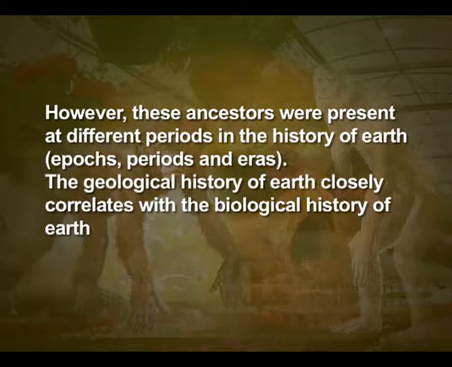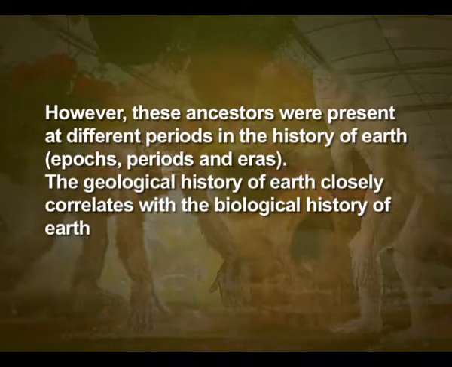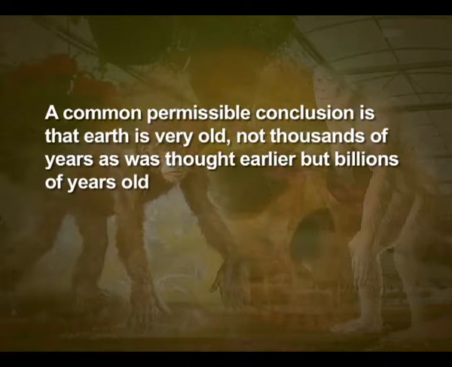However, these ancestors were present at different periods in the history of earth, means in different epochs, periods and eras. The geological history of earth closely correlates with the biological history of earth. A common permissible conclusion is that earth is very old, not thousands of years as was thought earlier, but billions of years old.